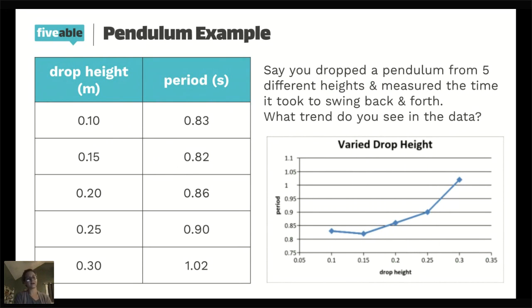So what trend do we see there? If we did this experiment and we had no idea what the answer was, what kind of conclusion would we draw from the data that we have in front of us? Maybe another way to phrase it is, as you increase the drop height, what happens to the period according to this data and this graph?